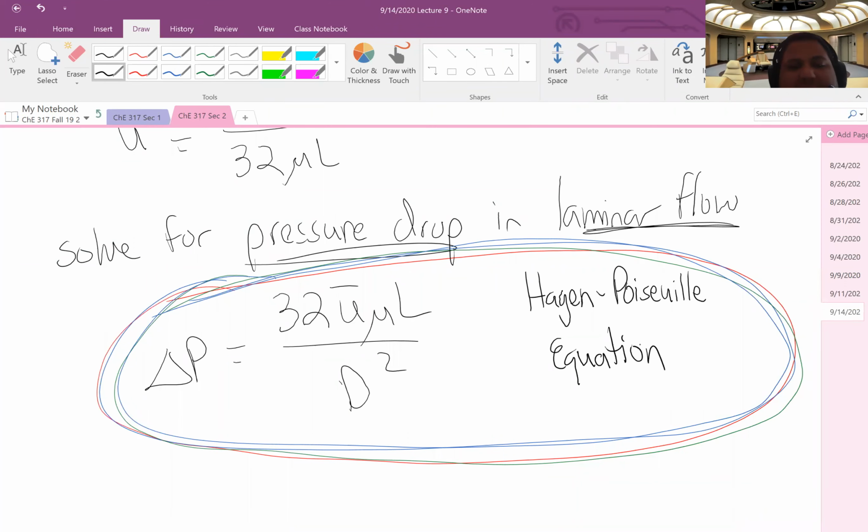And one thing you want to notice, the skin friction or pressure drop that we see in laminar flow is not only related to velocity, but it's also directly related to fluid viscosity. And this is something that we'll see in laminar flow, but we will not see in turbulent flow, primarily the existence of the viscosity term in our expression for pressure drop.